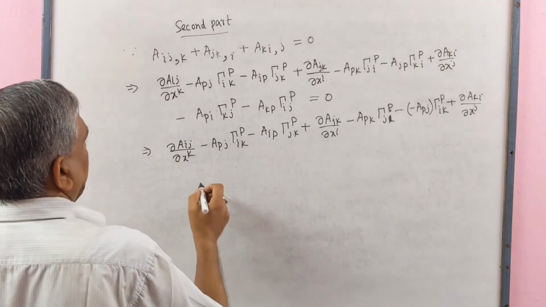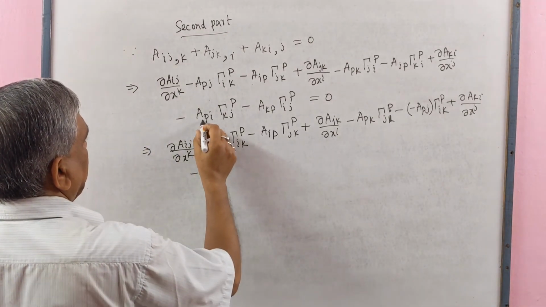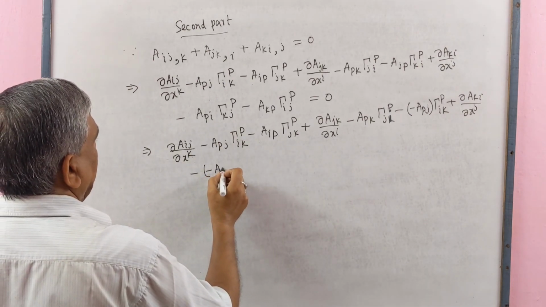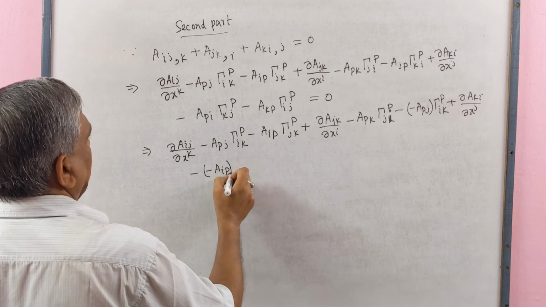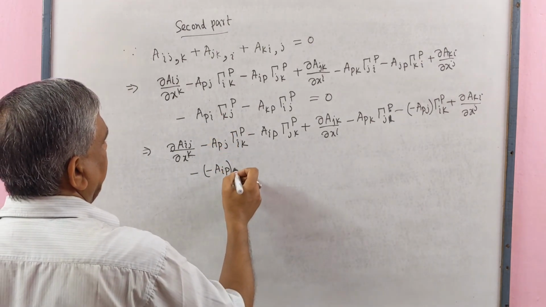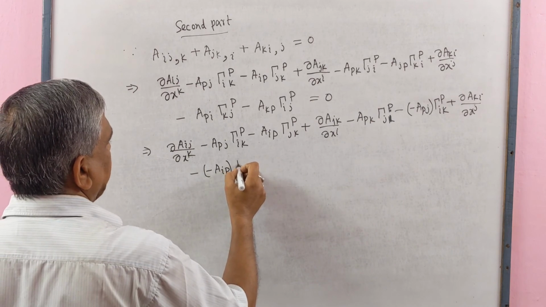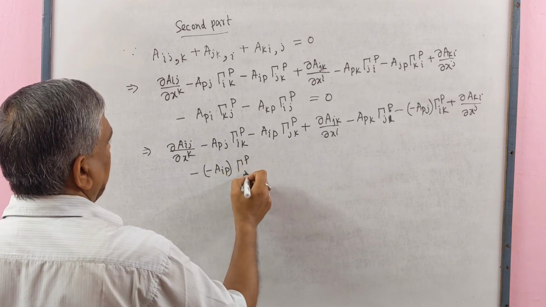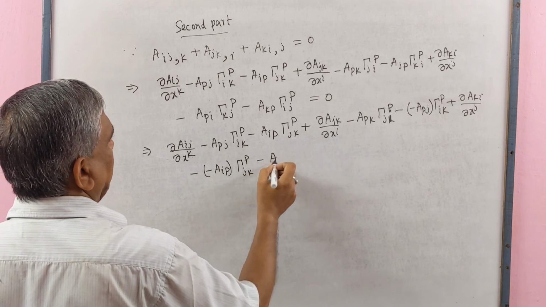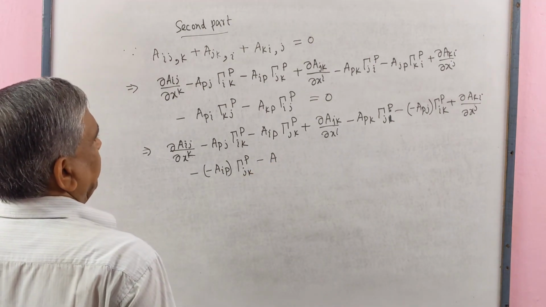Here minus, since this is skew symmetric, so minus a_ip, and the Christoffel symbol of the second kind is symmetric, so we may write this {p j k}, minus a_kp.